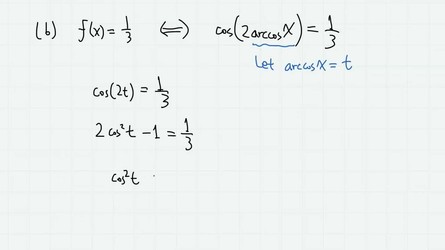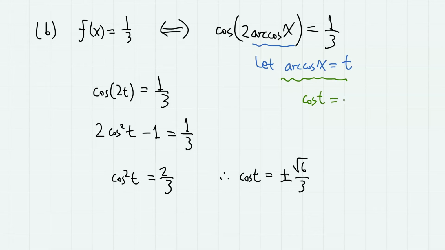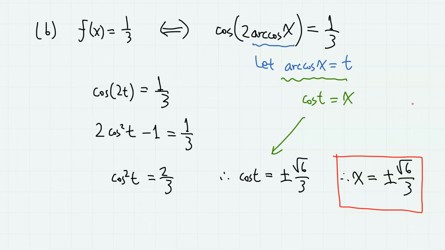So we have cosine squared t equals 2/3. And therefore, cosine t equals plus minus square root of 6 over 3. Now, since arccosine x equals t, cosine t equals x. Therefore, from here, we have x equals plus minus square root of 6 over 3. So that was the first method.